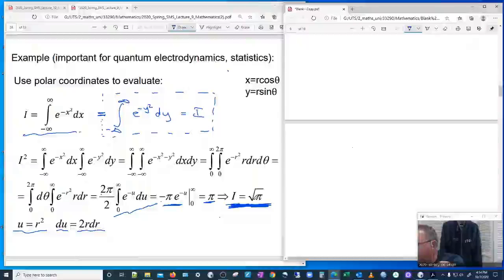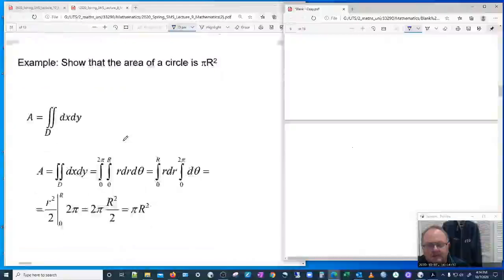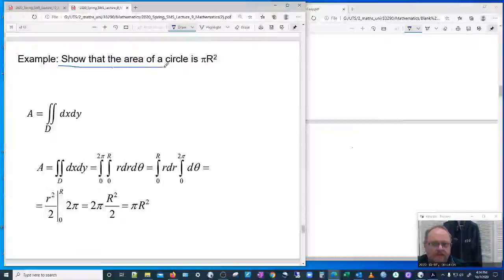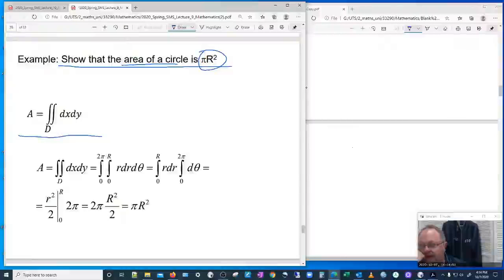Alright, the next thing we want to have a look at is something that you would have known from school. Show the area of a circle is pi r squared. So I guess here we get to use a transformation to show that. We've got an integration over its domain, and we are going to do a conversion from our x, y Cartesian coordinates to polar coordinates.